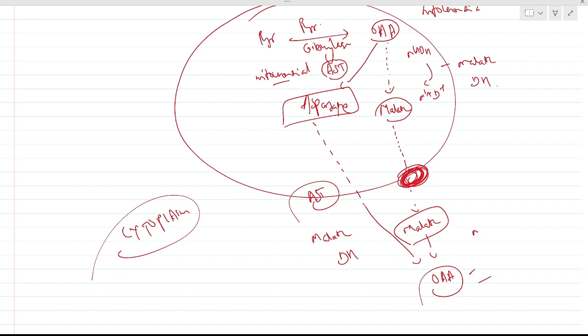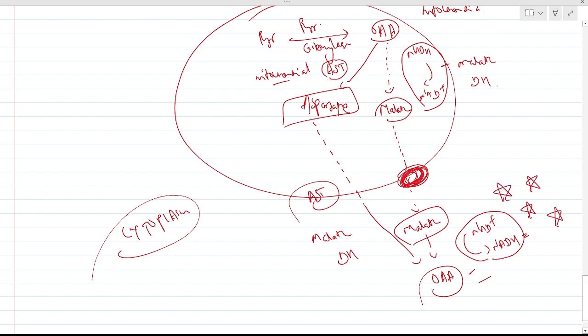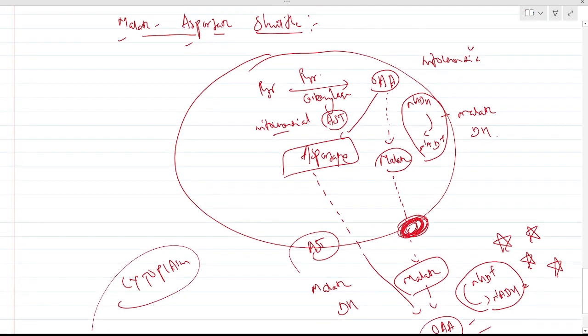The all important note to take here is that NAD plus is converted to NADH. NADH is produced here. Very important step. So this was the malate aspartate shuttle.